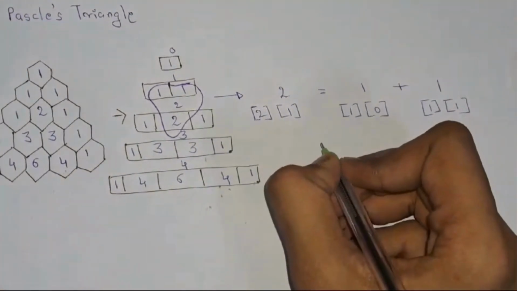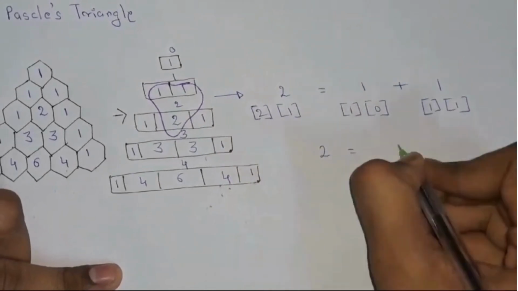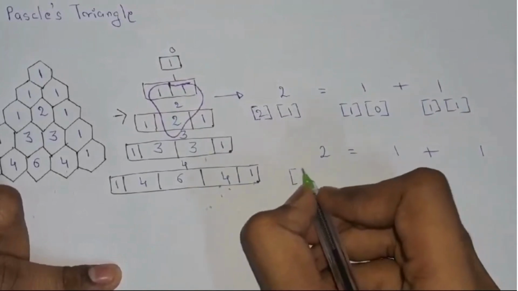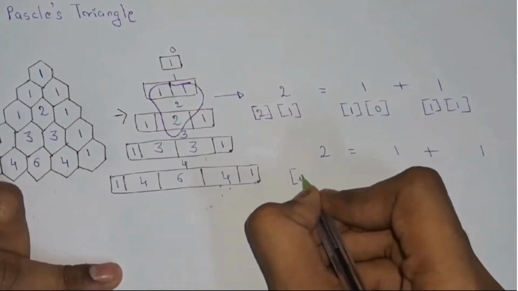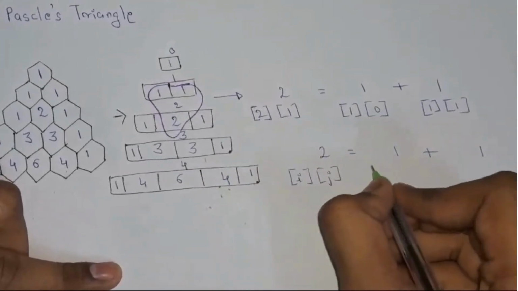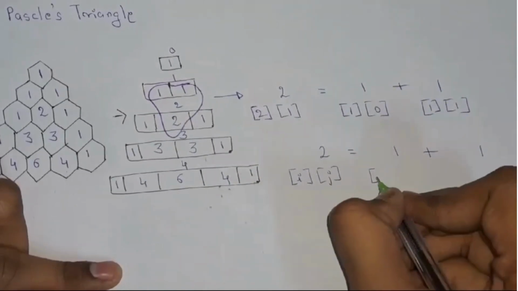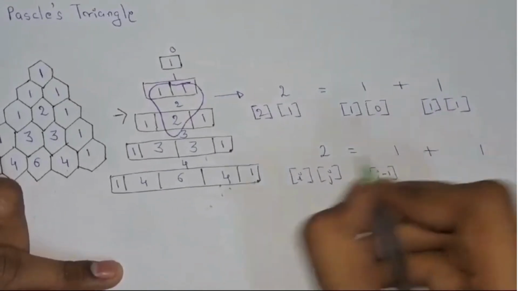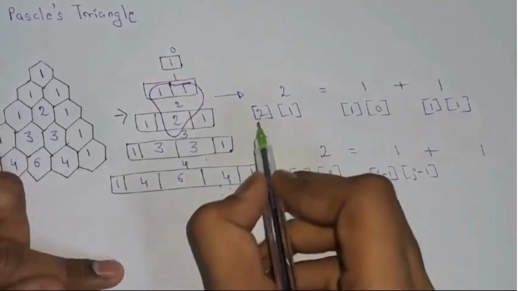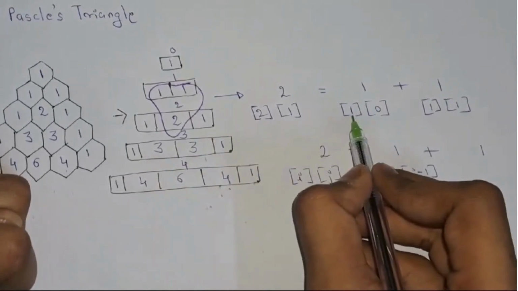Now generalizing this part of logic, taking the index of 2 as i and j, we will get the index of the first 1 as i minus 1 and j minus 1. See, here it is 2, it will become 2 minus 1 equals 1.